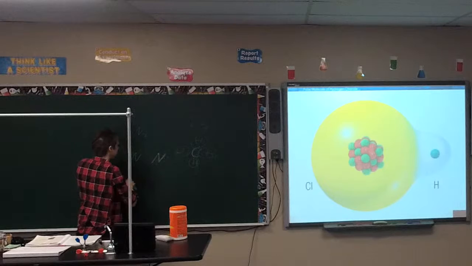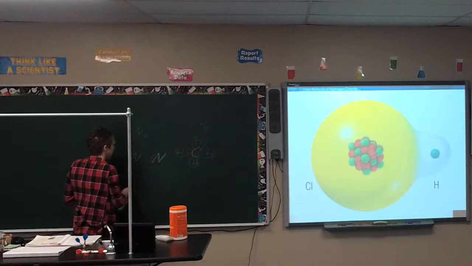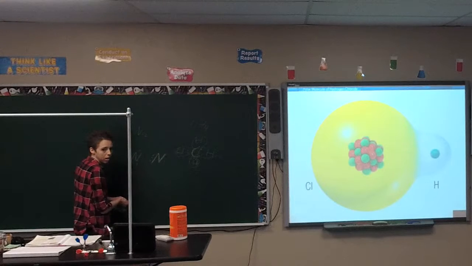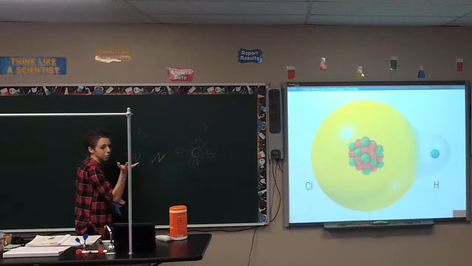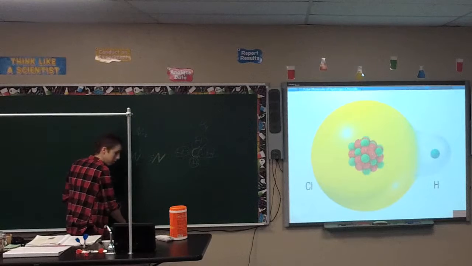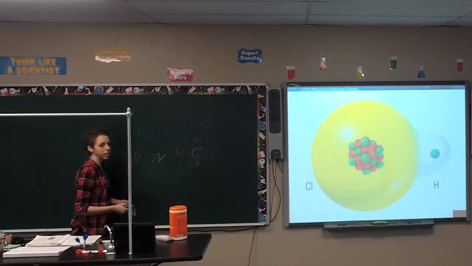This nitrogen will put in its 3, and that means it has how many left not being shared? If it's sharing 3, how many is it not sharing? We start with 5. If you have 5 apples and you share 3 with Quentin, how many apples are yours alone? 2.